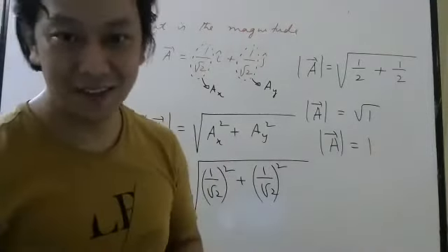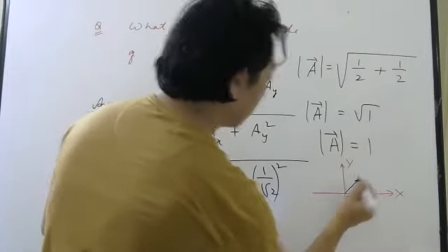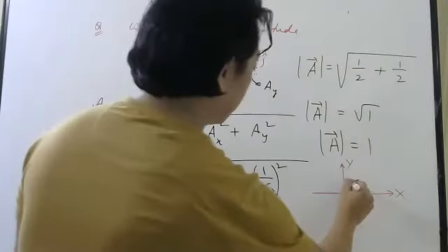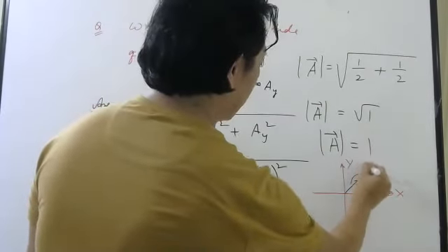It will be at 45 degree because x component and y component are equal. So if I draw one xy plane, this vector will be somewhere here, and the length of this will be 1.